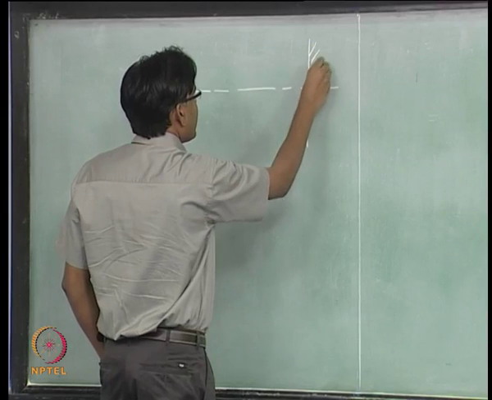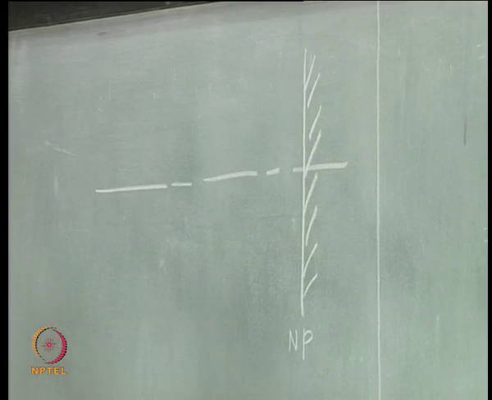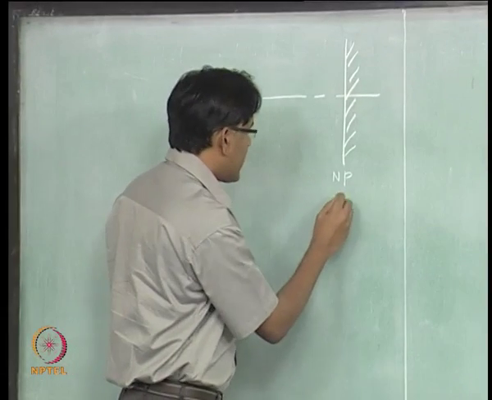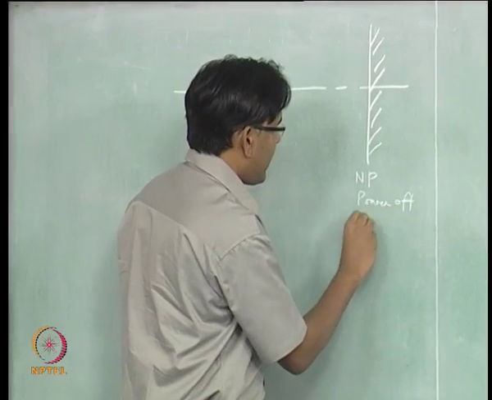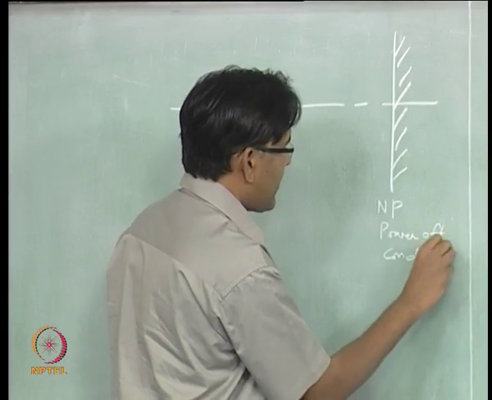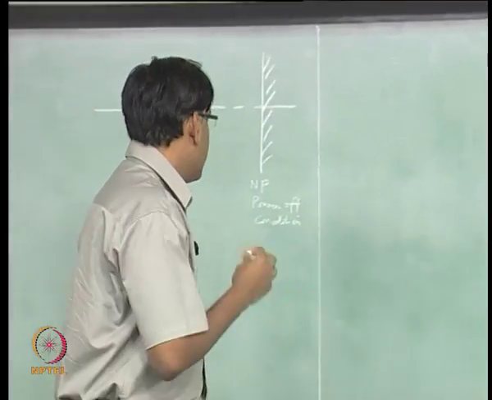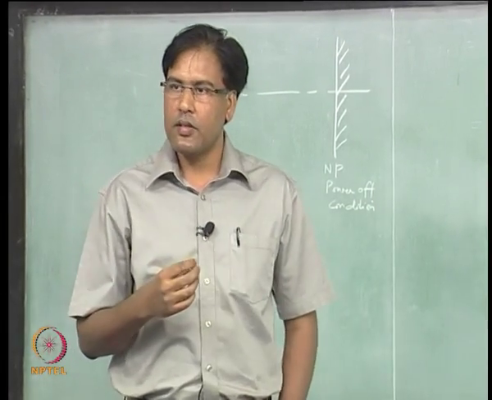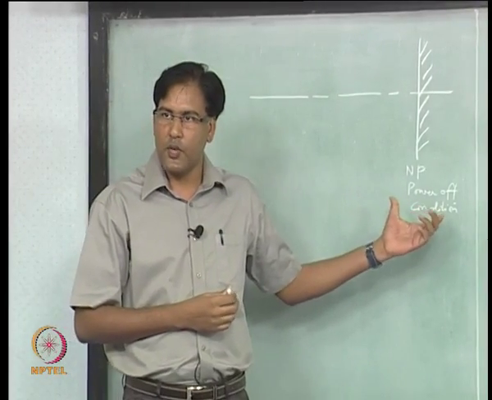So, let us say we have this neutral point without engine, right. So, here is a power off condition, right. Let us say the propeller starts running, but it is not producing any thrust, right. It will have some effect on the neutral point, right.